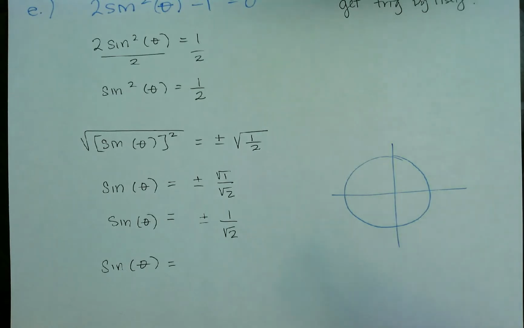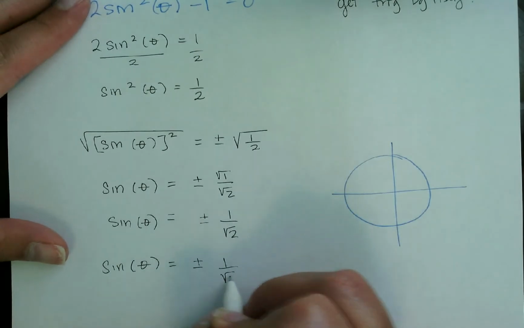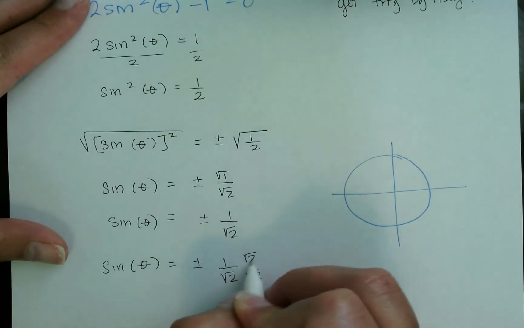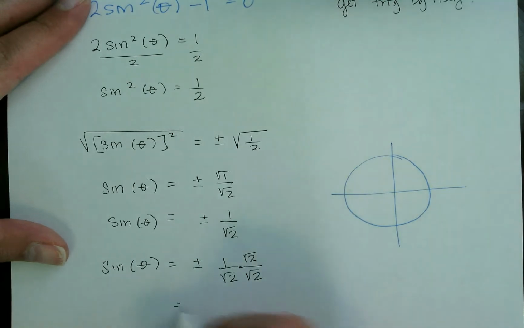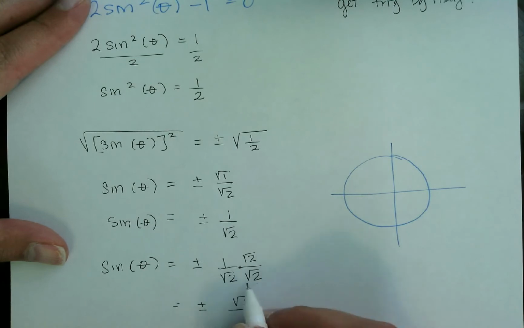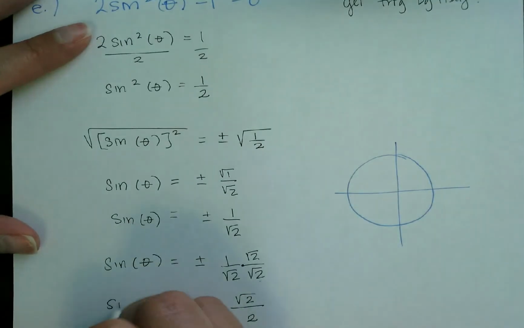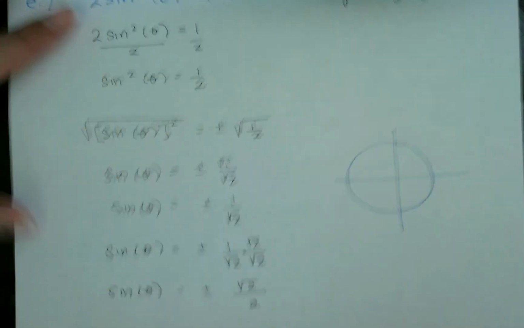So when you rationalize, you multiply the top and bottom by the same root. You get square root of 2 on top, and the rationalizing takes the root out of there, so you just get over 2. Oh, that is one of our famous guys. Look at that, square root of 2 over 2. So that is your pi over 4 guy.